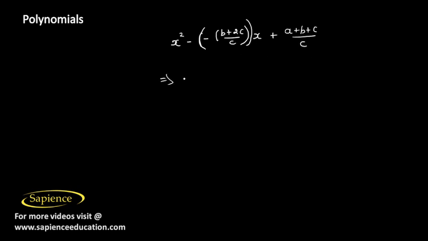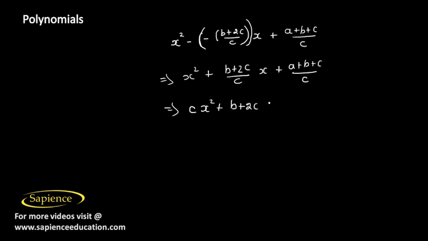This polynomial can be written as x² plus (b + 2c)/c x plus (a + b + c)/c, since minus into minus will be plus. By multiplying with c, we will get cx² + (b + 2c)x + (a + b + c).